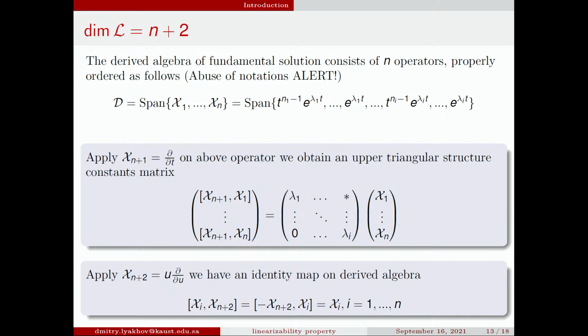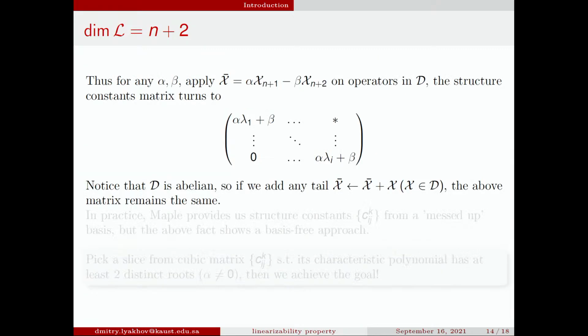So based on these two facts, if we set X bar to be any linear combination of X_{n+1} and X_{n+2}, and apply this X bar on the derived algebra, then the matrix we get is obviously in this form. We only need to care about the diagonal entries, because what we need is the characteristic polynomial.